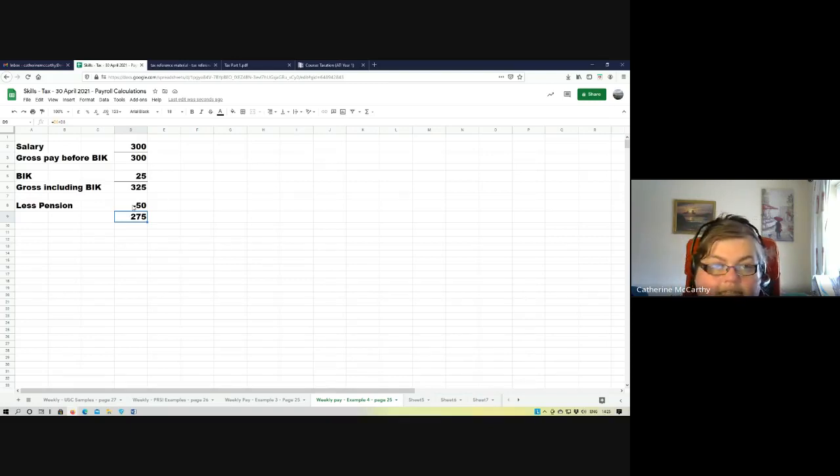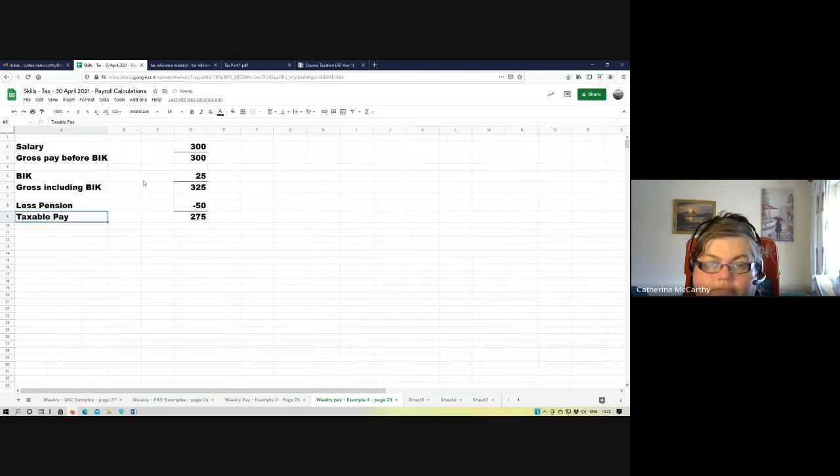Okay, so we're going to tax them then. We take our gross pay plus our BIK, to give us our gross including BIK, less our pension. That gives us our taxable pay, which is €275.